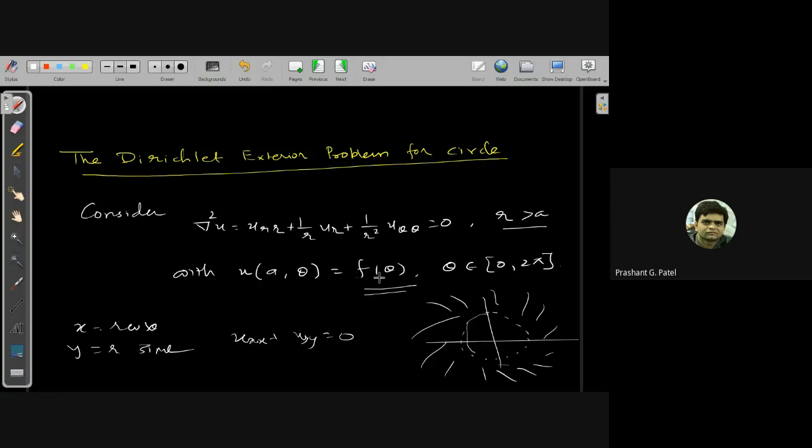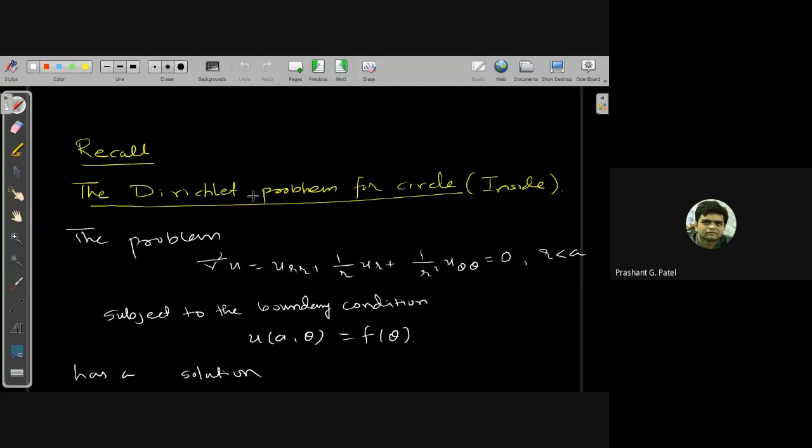Now to solve this problem, we have to use the discussion from the previous lecture, that is the Dirichlet problem for the interior of the circle. That problem is stated like this: the Laplace equation equal to 0, where r is less than a, that is inside of the circle, subject to the boundary condition u equal to f(theta) on the circle.